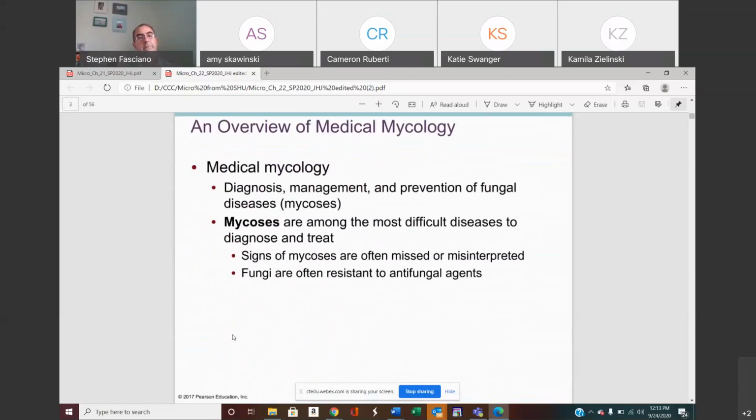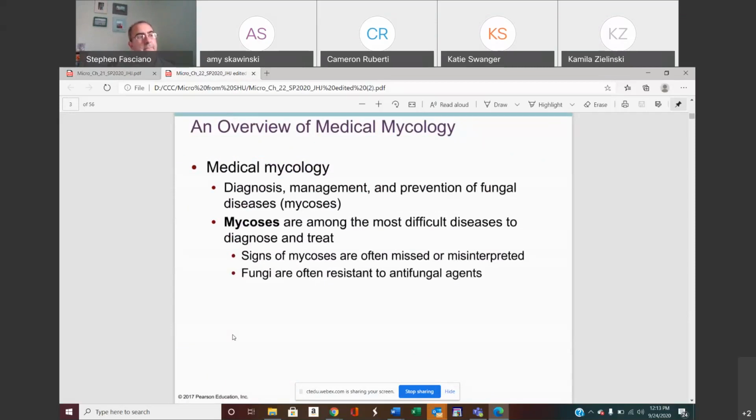Okay, so we are going to go through medical mycology. Mycology is the study of fungi. Okay, so it's the diagnosis of it, the management of it, the prevention of it. These fungal diseases are called mycoses, and they are some of the most difficult things to treat and to diagnose. Oftentimes the signs are missed or misinterpreted.